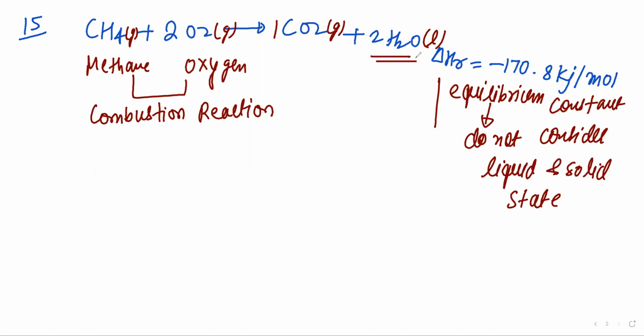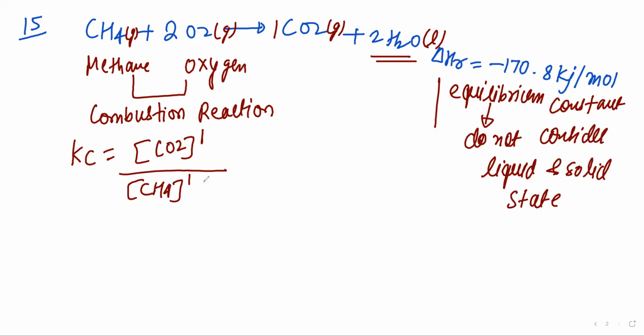So this water will not come in the equilibrium constant. So Kc will be equal to the concentration of products. In the product, CO2 is there, and the coefficient is 1, so raised to 1, divided by CH4, methane, concentration raised to 1. Next is O2 raised to 2.